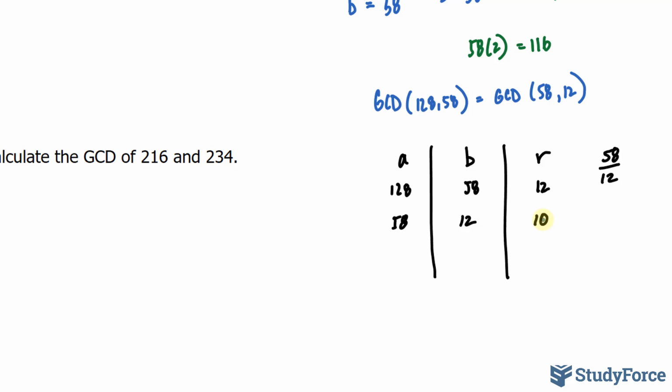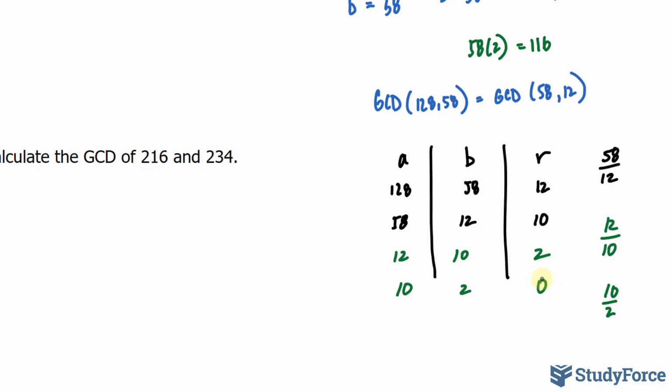This time between 12 and 10, the larger of these is 12, that will be our A, and the smaller of these is 10, that will be our B. 12 divided by 10, 10 fits into 12 once with a remainder of 2. Still, we haven't achieved a remainder of 0. So between 10 and 2, 10 is the larger, and 2 is the smaller. So we set those two numbers as A and B respectively. 10 divided by 2 makes 5 with no remainder.